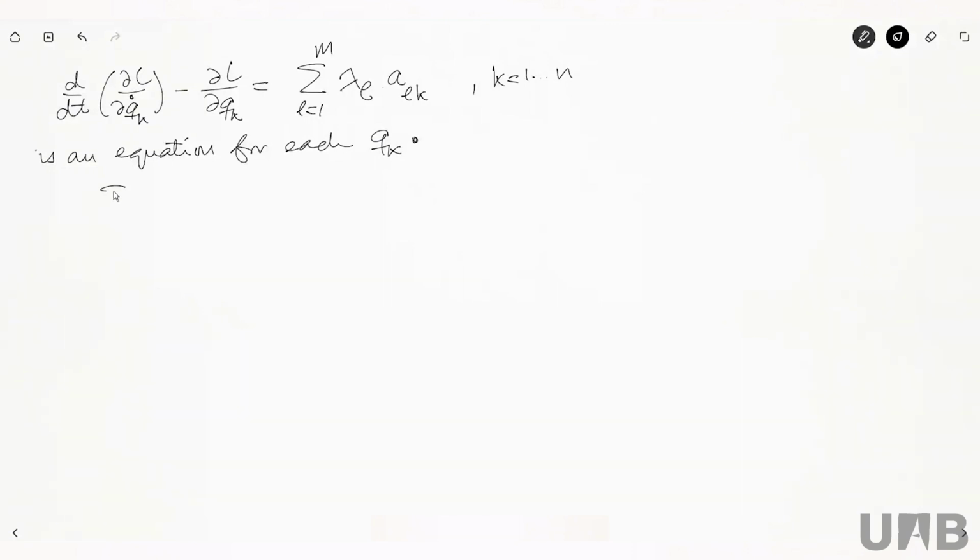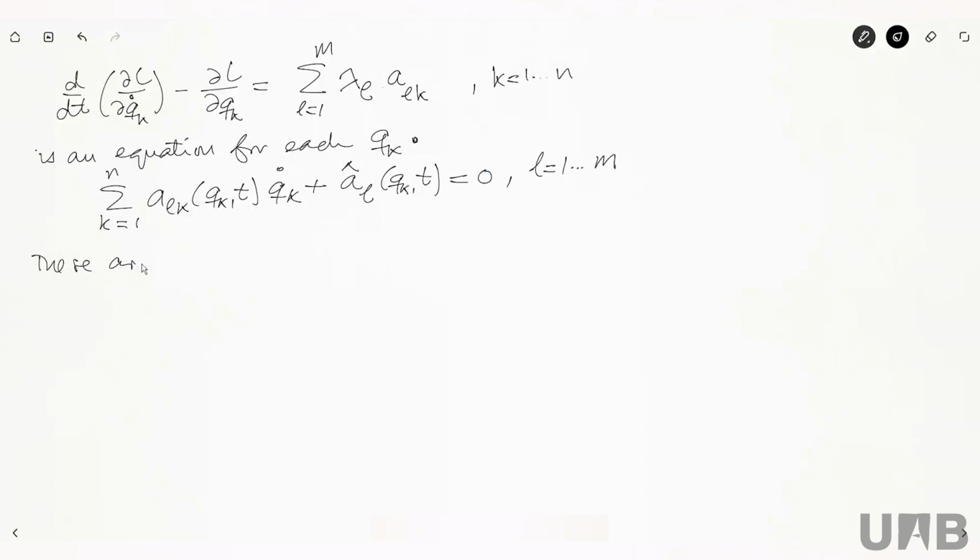So the constraint is the sum from k equals 1 up to N of a_lk(q, t) q dot k equals 0, and this is for l from 1 up to M. That was the original constraint, the one I started with before I looked at how the constraints affect the virtual displacement. So these are the equations to solve.